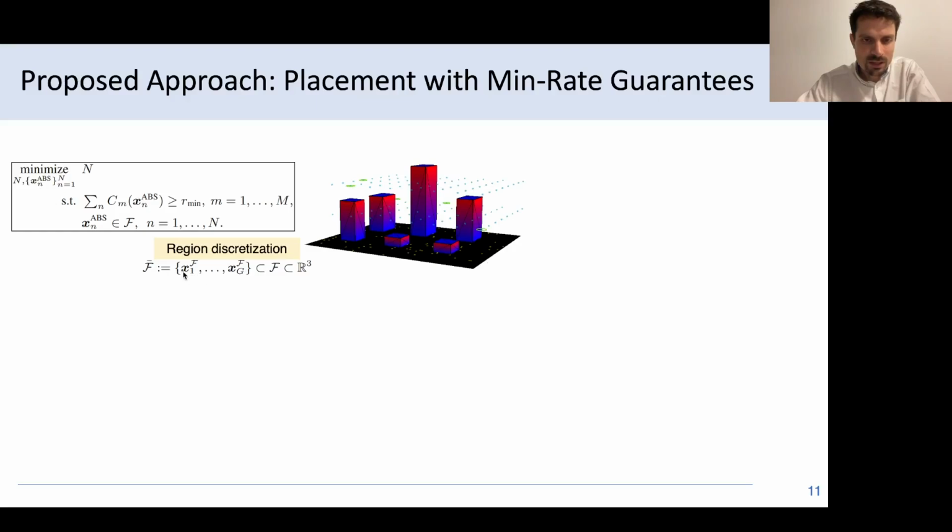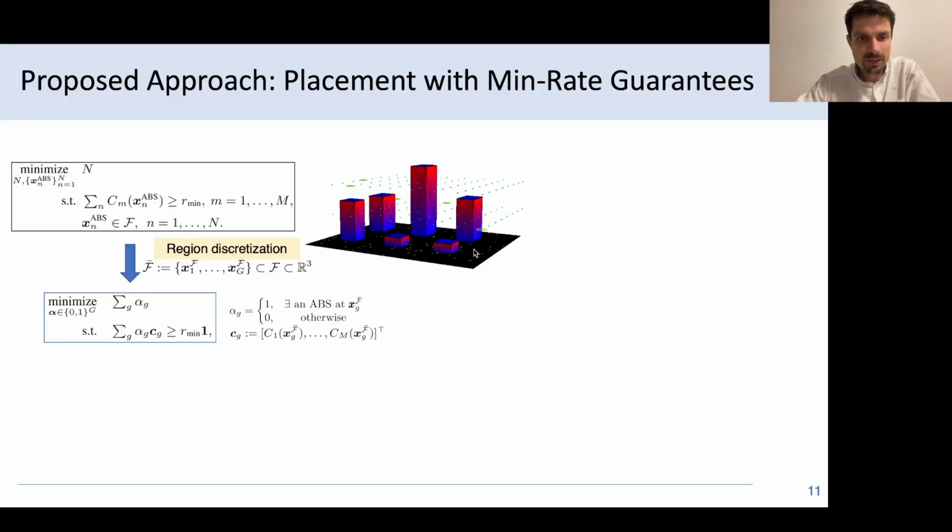So we create a grid, which is, for example, a 3D and regular grid, where we remove the grid points that are out of the allowed flight region, right? So we remove the grid points that are inside buildings, for instance.